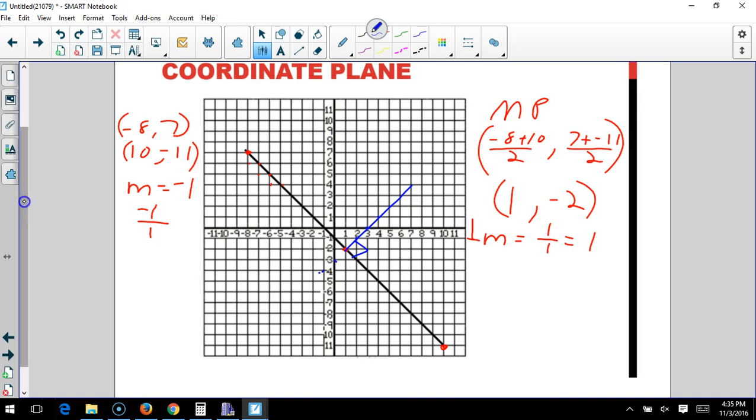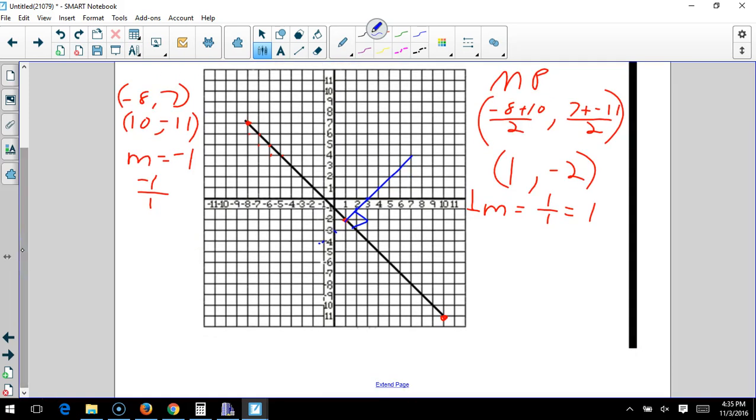So to find the equation of the line, we're just going to use what we have. y minus blank equals m, which we know is 1, times x minus blank. What's my y? Negative 2. What's my x? 1. Clean it up. y plus 2 equals x minus 1.